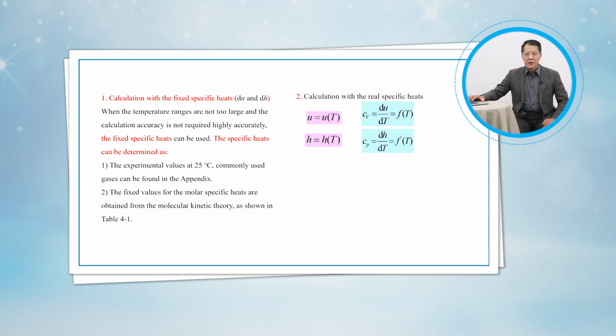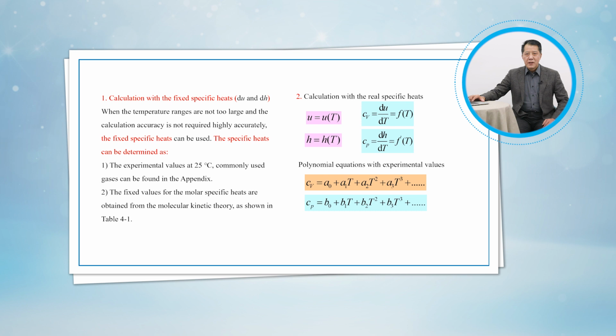For the calculations of du and dh for ideal gases with the real specific heats, the specific heats are not fixed values. Instead, they are functions of temperature. In this method, the integrations are carried out with the real specific heats.